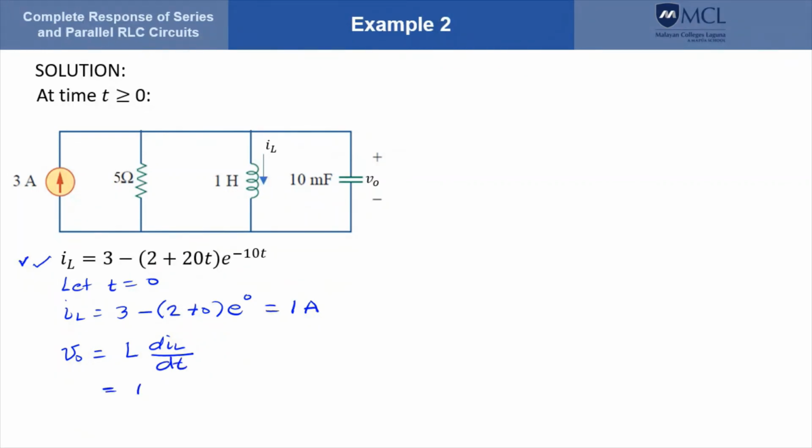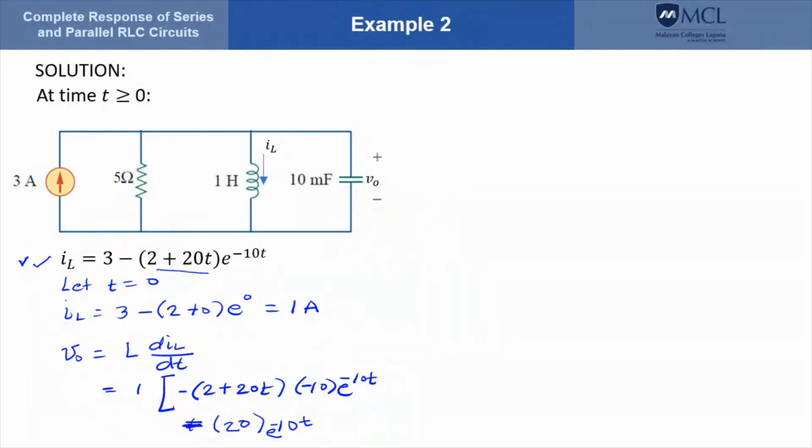So this is 1 times the derivative of IL, which is negative 2 plus 20 t times negative 10 e to the minus 10 t, plus, or minus 2, the derivative of this, that is 20 times 10, or e to the minus 10 t.